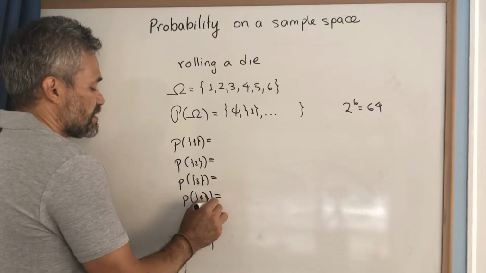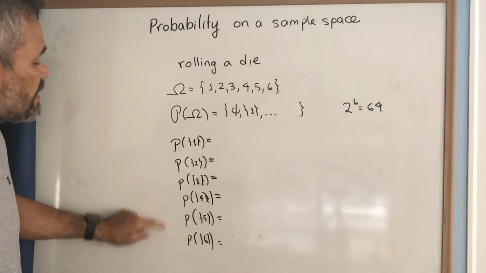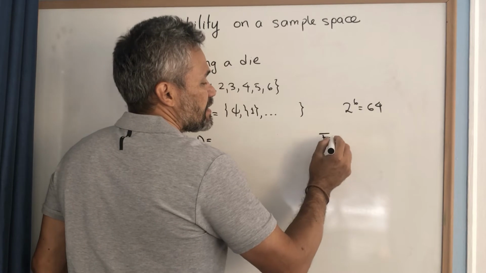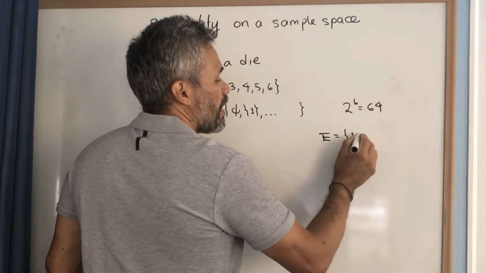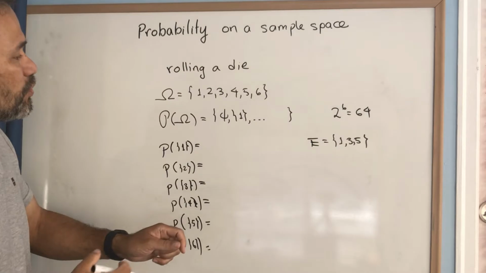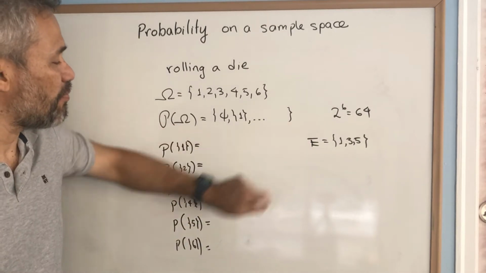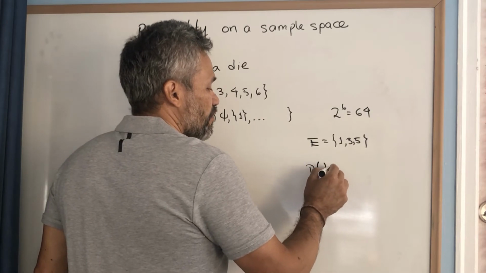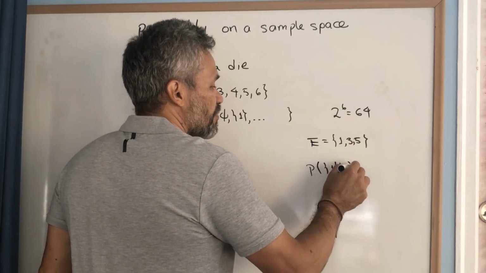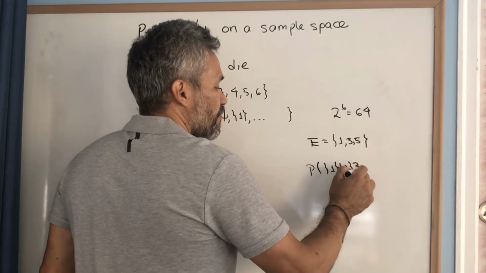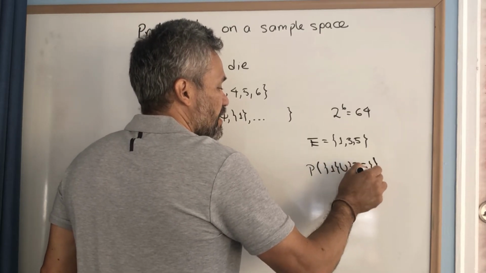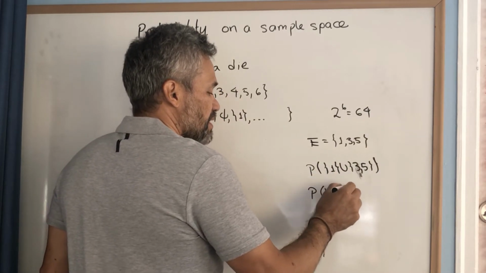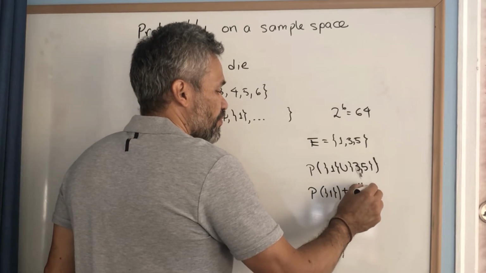And the reason is that when we assign these probabilities, every other subset, for example, the event {1, 3, 5}, which corresponds to the event that you roll an odd number, then this probability can be viewed as the probability of {1} union {3, 5}. And these two events are disjoint, then this is the probability of 1 plus the probability of {3, 5}.